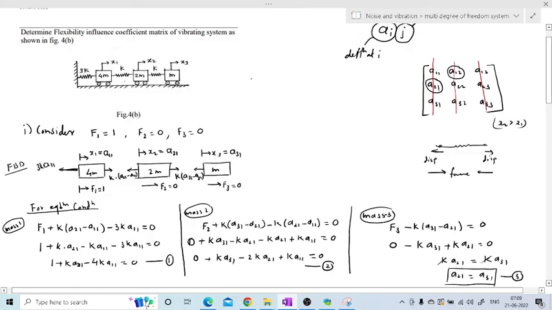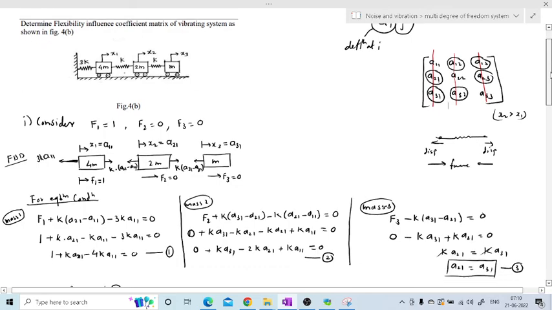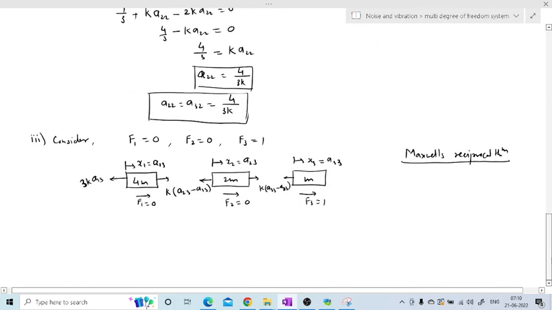In this matrix, see, now we can say A13 will be equal to A31 and A23 will be equal to A32. Okay, because we are determining from the third column, so these two values we will get directly. So I'll write A13 will be equal to A31 and the second A23 will be equal to A32.